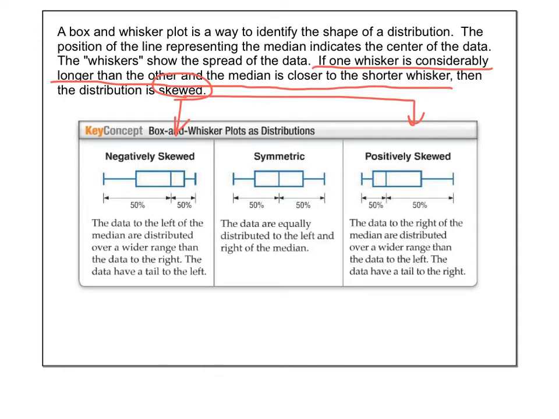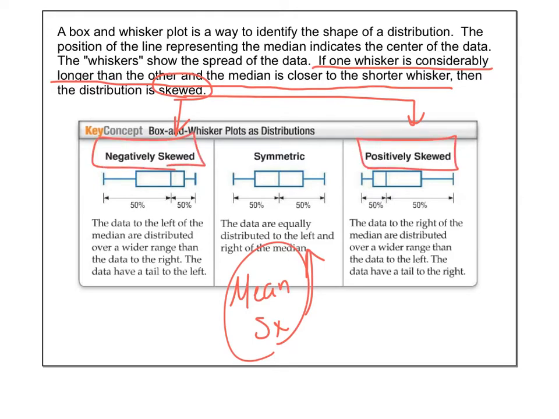Conversely, on the positively skewed distribution, the data to the right of the median are distributed over a wider range than the data to the left, and the symmetric one in the middle has the data equally distributed to the left and to the right of the median. So we would use the mean to describe, or standard deviation to compare data, for something that's symmetric like that, where we would use the 5-number summary for skewed distributions that have outliers.